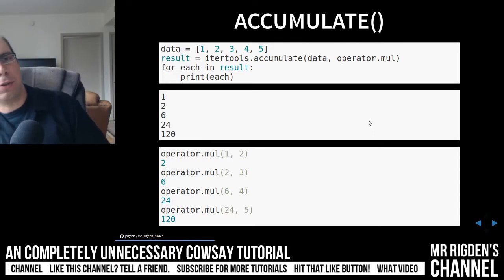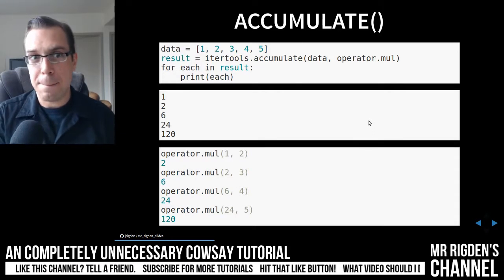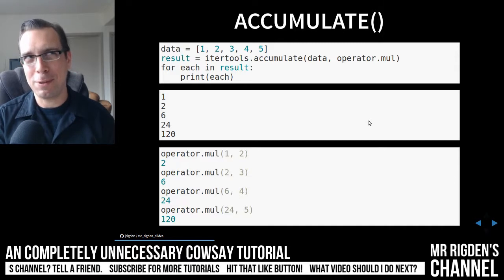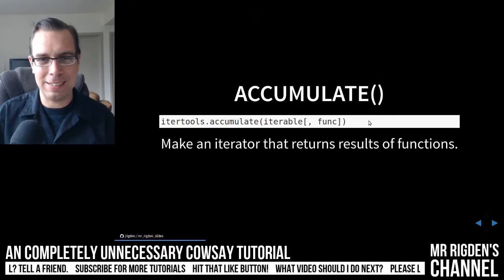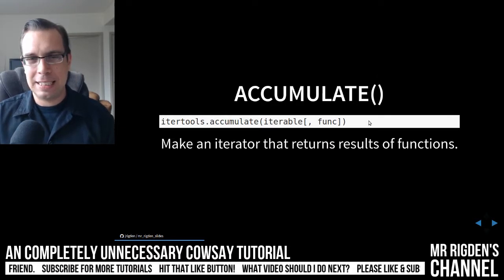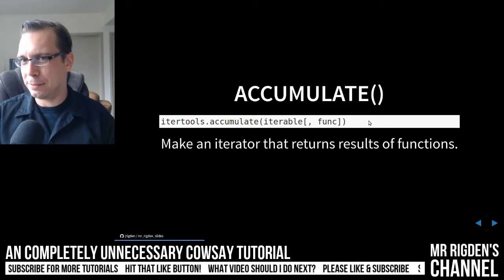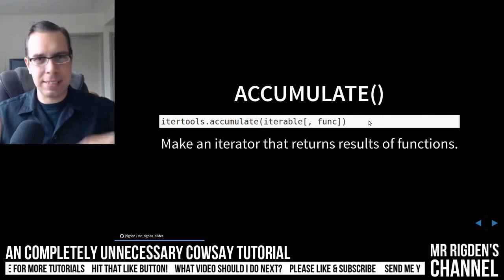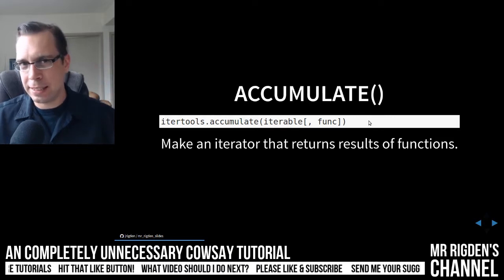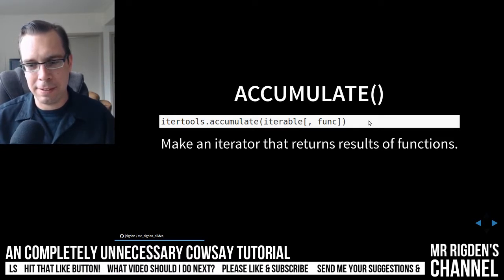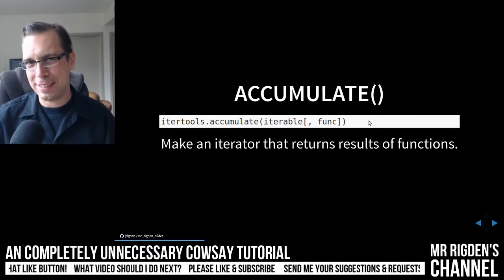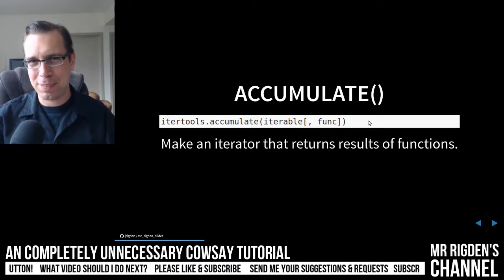This is our actual code, so hopefully this will help it make more sense. I know that definition back here is confusing. A lot of definitions for itertools are very confusing, but once you actually see how they work, it makes sense. And you get that feeling of, oh, that's why it's so hard to write these descriptions, because it's hard to describe.